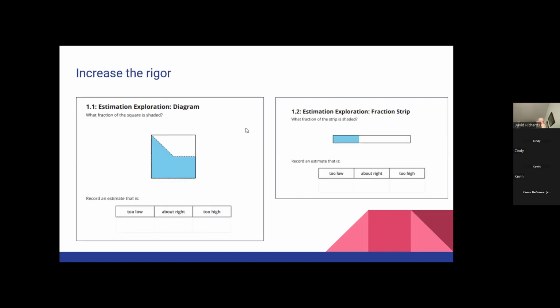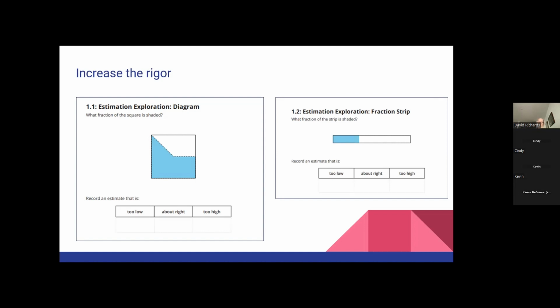Let's take a look at increasing the rigor. So here's something that's a little bit more fun, but it also connects estimation with fractions, right? With relationships to fractions. What the problem says is estimation exploration.